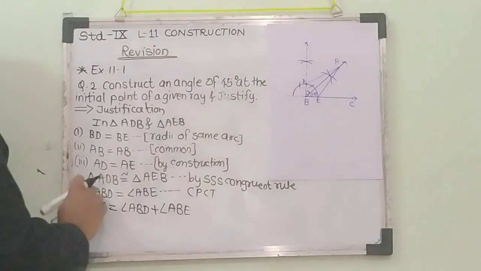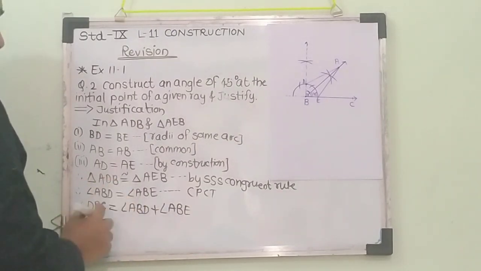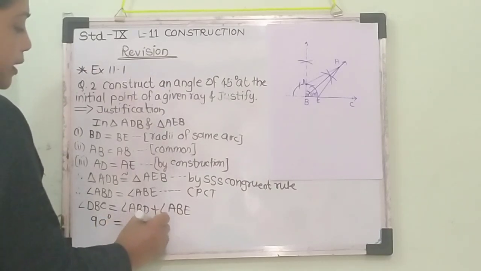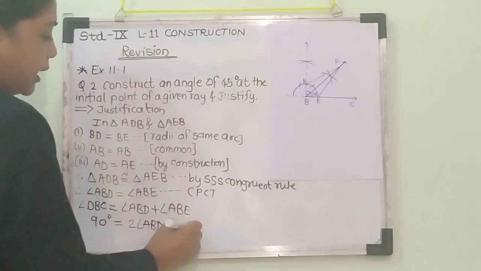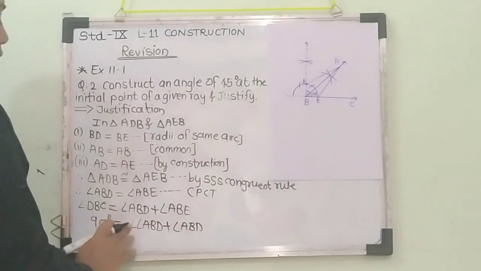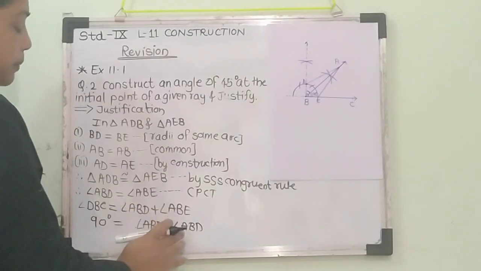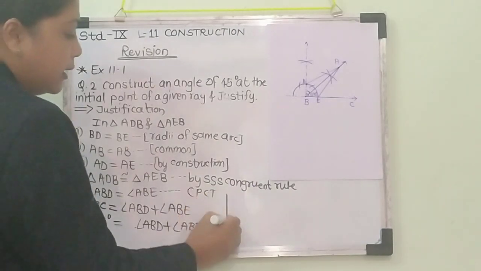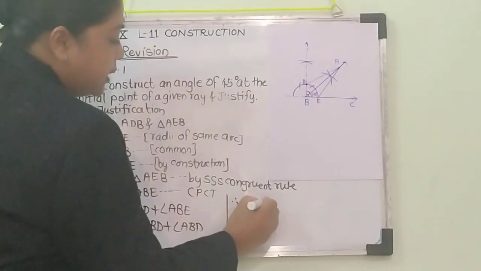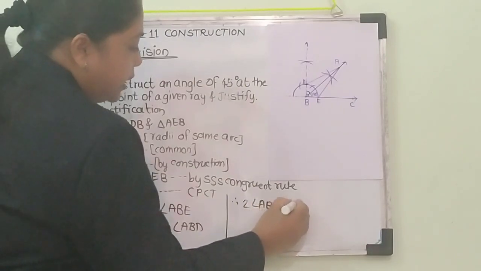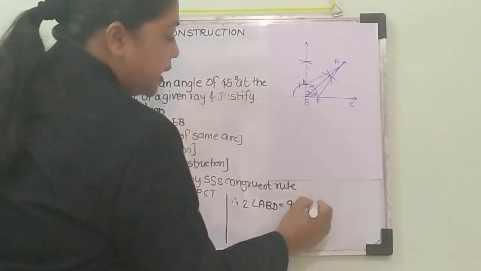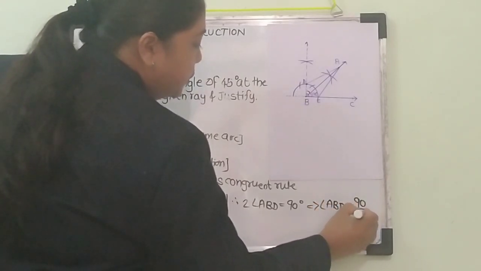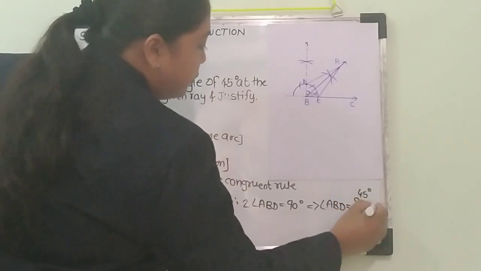But these two angles are equal. So here we can write 90 degrees equals angle ABD plus angle ABD. Correct? It means that here we get twice angle ABD equals 90 degrees, which implies that angle ABD equals 90 upon 2, that is 45 degrees.